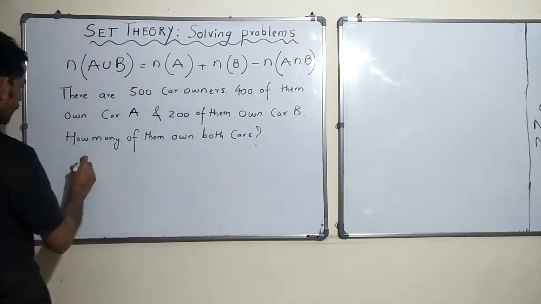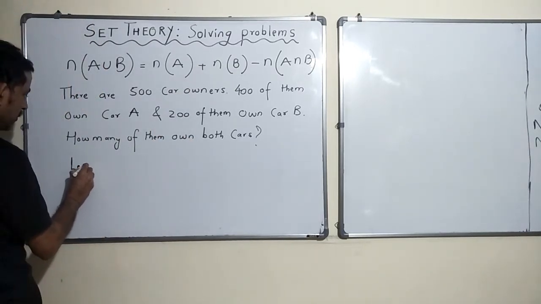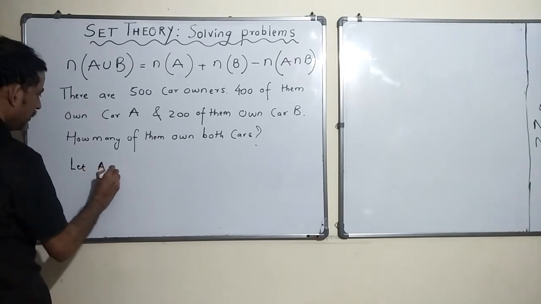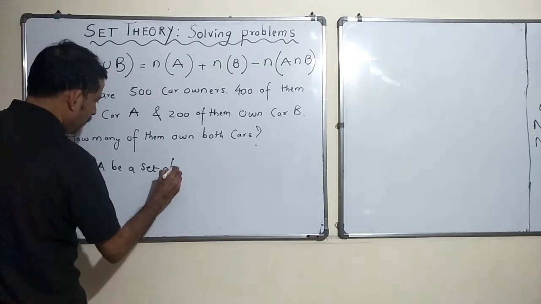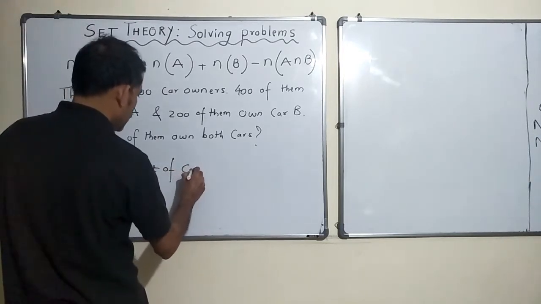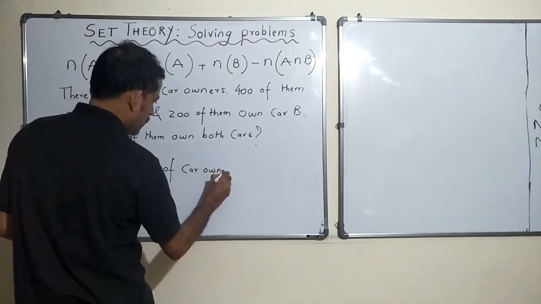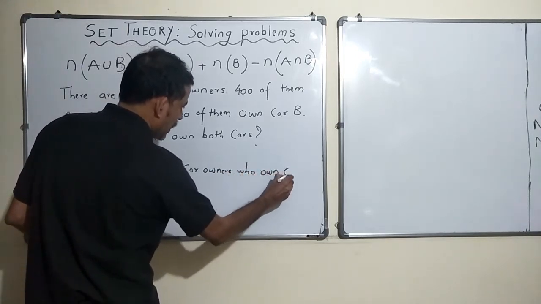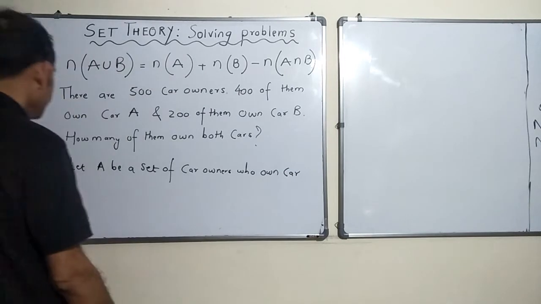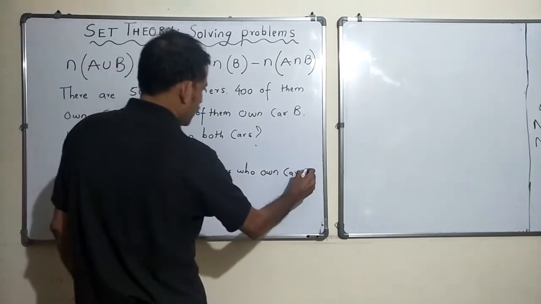So let's start. Let A be a set of car owners who own car A. All right.